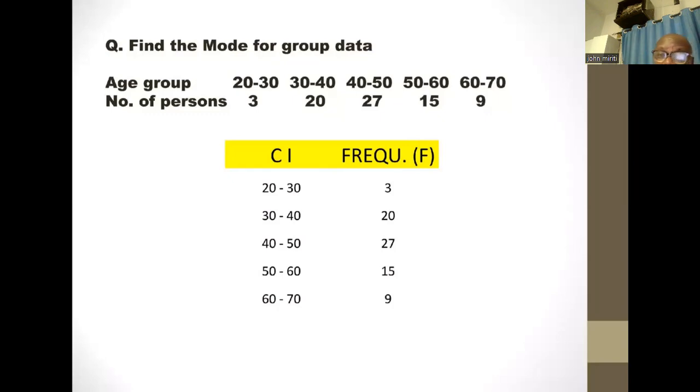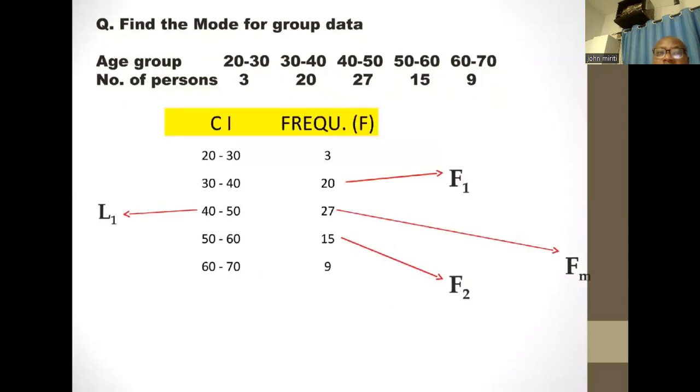After you put those classes, you'll see that the age group of 20 to 30 has a frequency of 3. 30 to 40 has a frequency of 20. 40 to 50 has a frequency of 27. 50 to 60 has a frequency of 15. And 60 to 70 has a frequency of 9. So in this case, let us look at the mode.